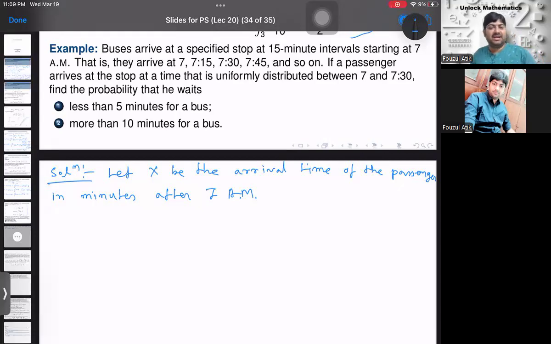And it is given that x is uniformly distributed over 7 to 7:30. That means it is uniformly distributed over the interval 0 to 30, right?